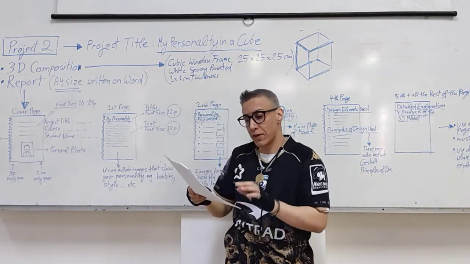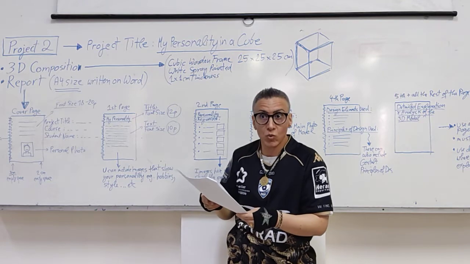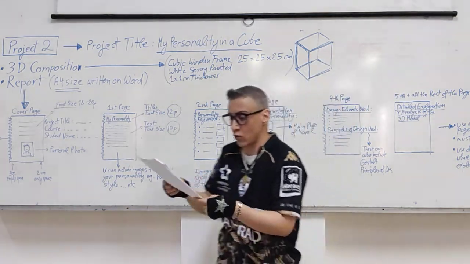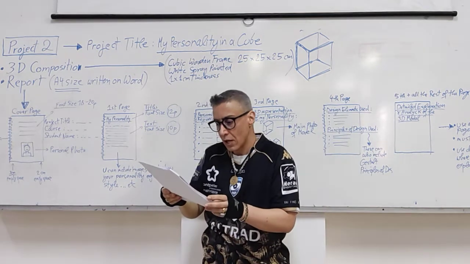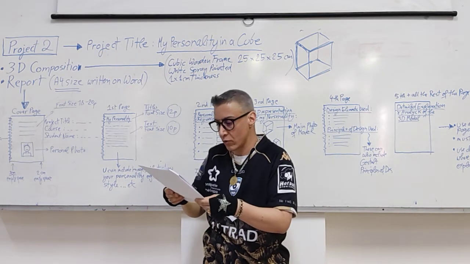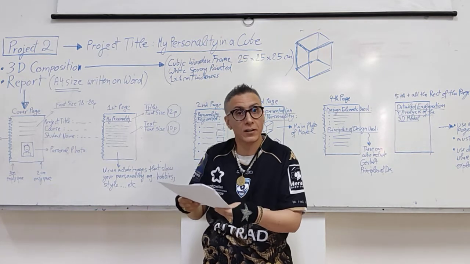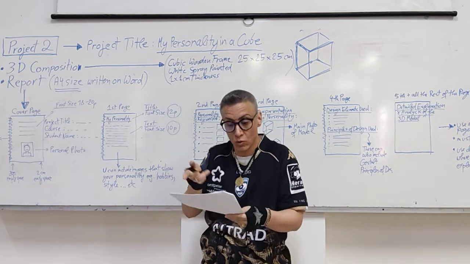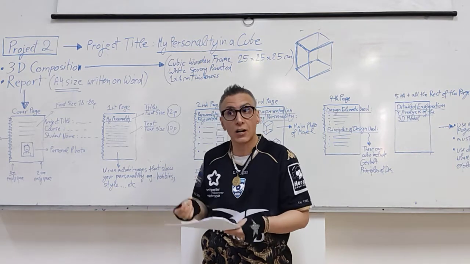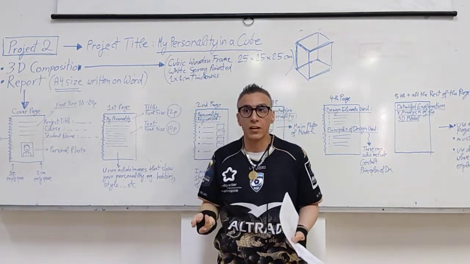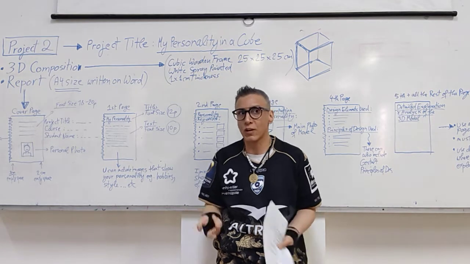Now, there are specific materials that you're allowed to use, okay, for the design that is inside this cube. You can use wooden sticks, strings, transparent plastic sheets cut into specific shapes, cardboard. Now, in this project, you are more free than in the other projects. In which way are you free?